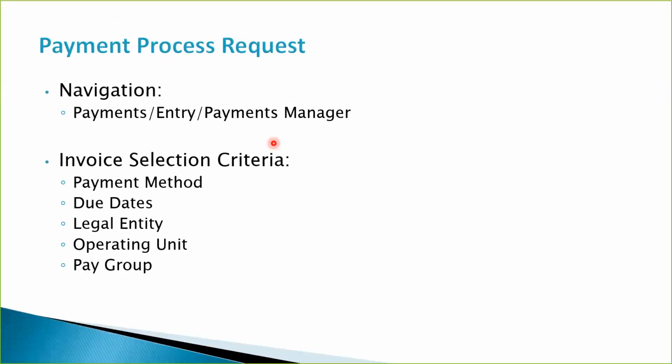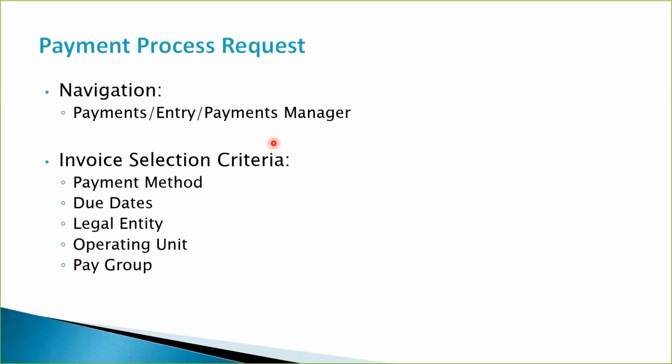And before we run, as part of the payment process request, some of the information we have to enter is invoice selection criteria. These are some of the invoice selection criteria that you can have so that the scheduled payments can be selected, which will go for further processing to be paid. All right, so that's just a bit of a reminder.